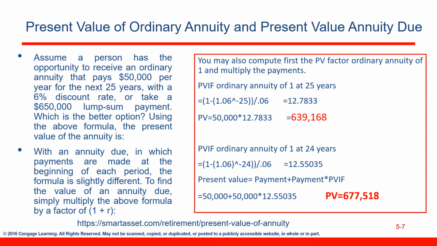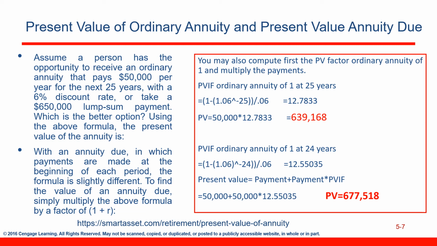Recall our formula for present value of ordinary annuity. Present value annuity due is the payment multiplied by the present value factor of annuity of 1, which is for 25 years. But here, 24 years is used because it depends upon the problem, if only 24 years is given, not 25 years.